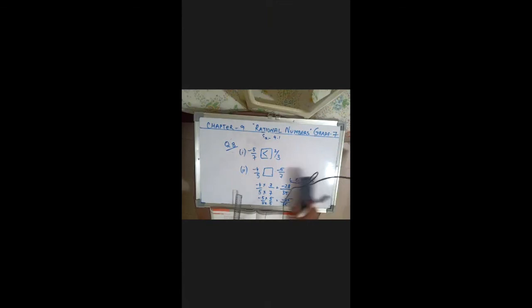Now tell me which is greater, minus 28 or minus 25? Minus 25 is greater and minus 28 is smaller, or not? In negative numbers, the number which looks to be greater is actually smaller.